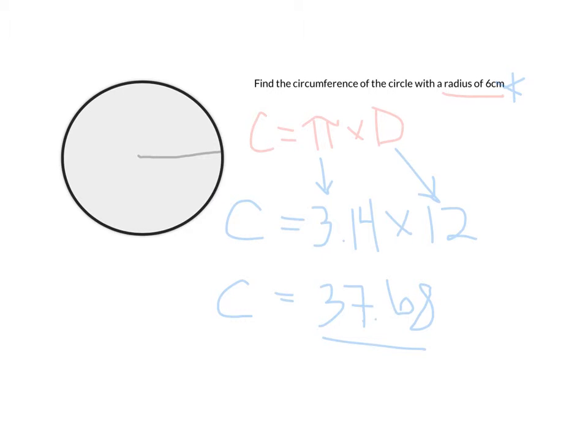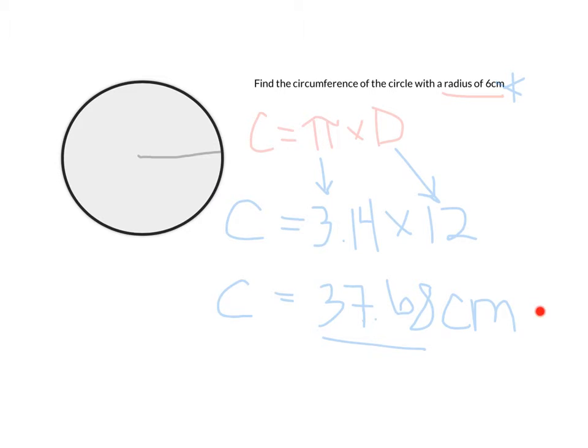We need units. So in the circle, we're working with centimeters. So centimeters. Now, just like when we talked about area and perimeter, perimeter never has the squared part on the units. Same thing with circumference. Circumference is very similar to perimeter, but dealing with circles.